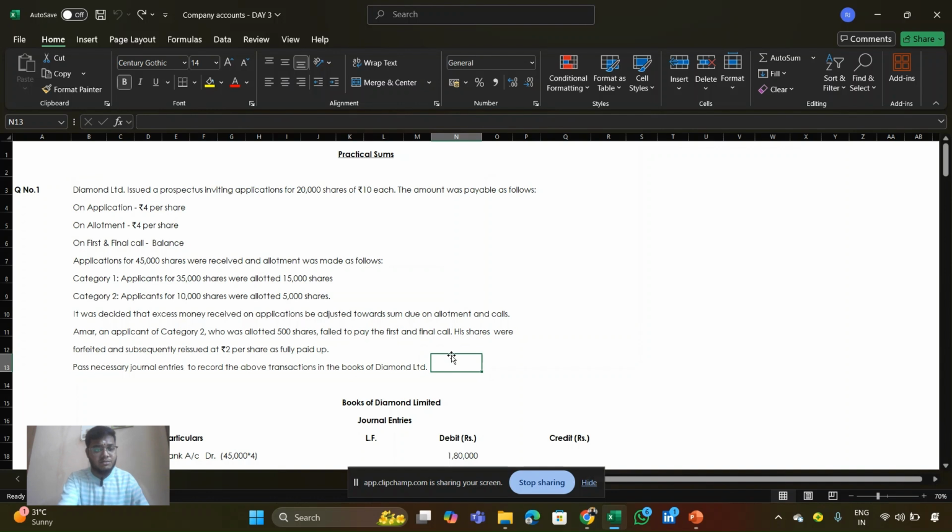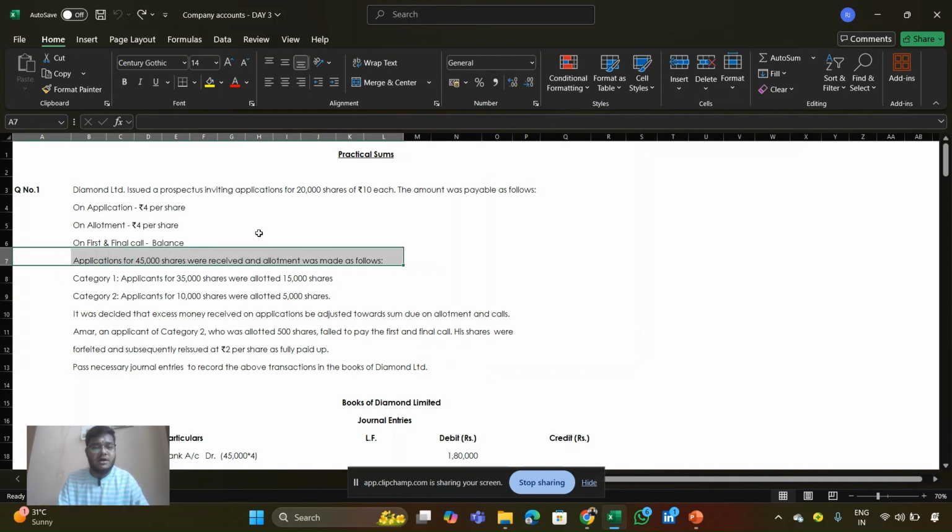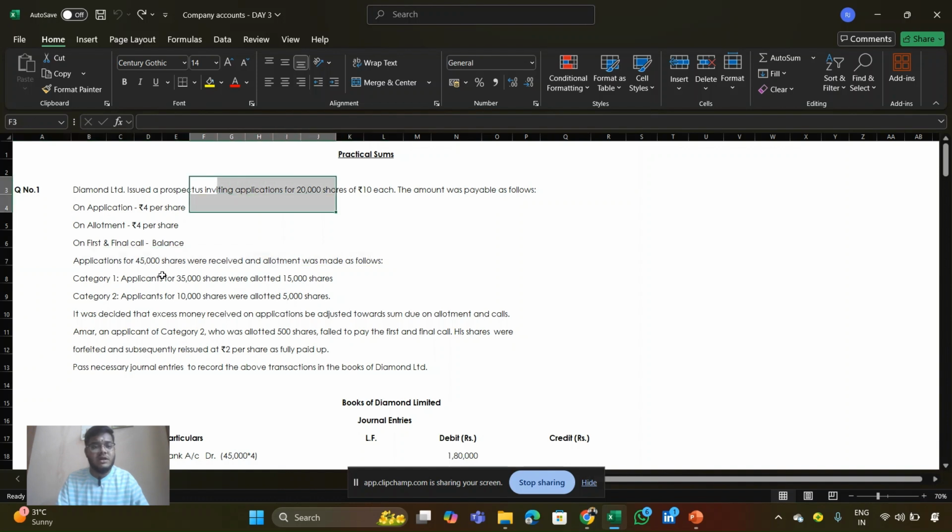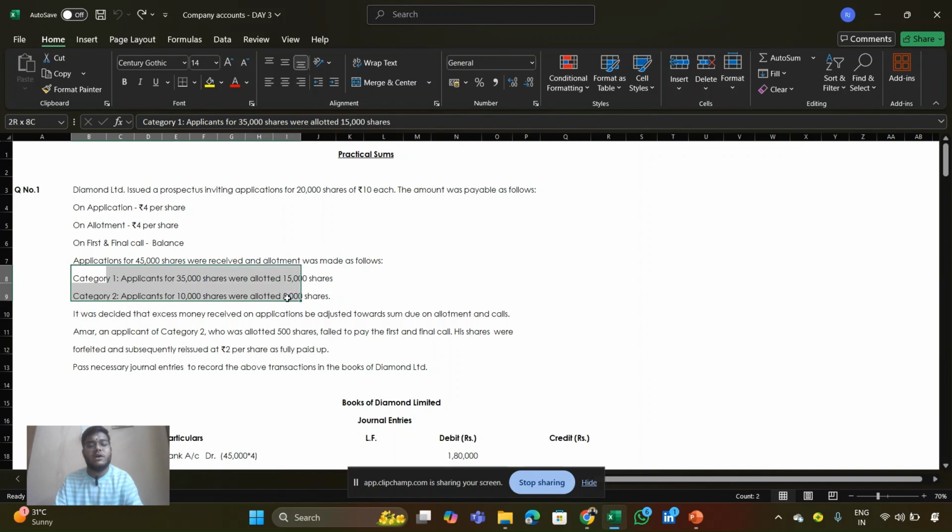First sum is this model: for example, they have invited 20,000 shares, it's an oversubscription, and in oversubscription, they have separated applicants as category one and two. This model. Second model is what we saw before. Okay, these two types of sums, they are asking repeatedly. There is no change in that.